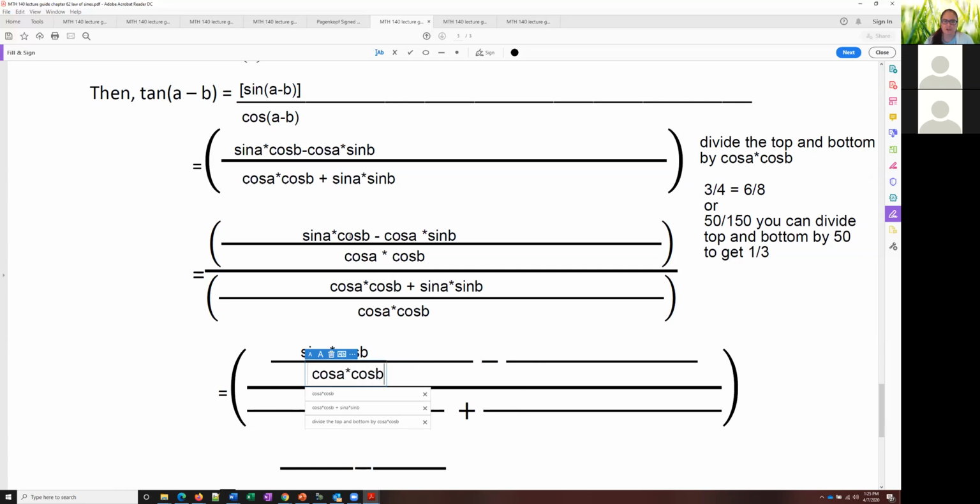So I just took the first part of the top over the bottom, and then the second fraction will be the cosine of a times the sine of b. That's the second part of the top, and then that will go over the denominator, cosine a times cosine b. Does that make sense how I took this single fraction and I split it up into two fractions?